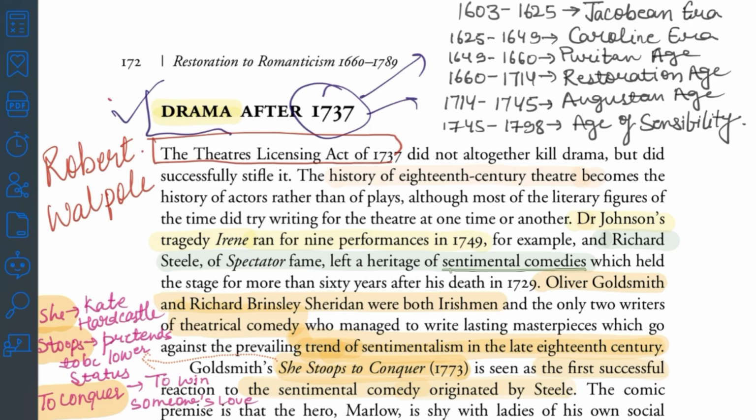Before 1737 they were openly mocking and satirizing the political leaders. Because of this, the government decided to censor theater production.